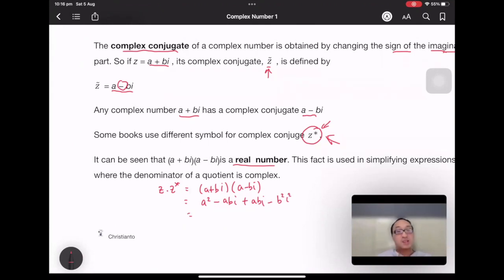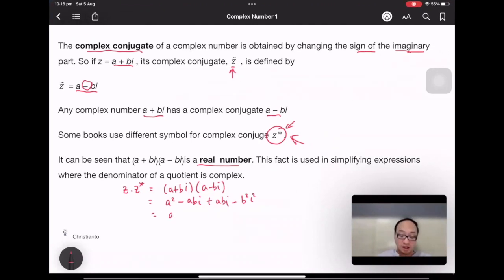Since i squared is -1, we can cancel the middle terms, and we have a squared plus b squared. So the multiplication of a complex number and its conjugate is a squared plus b squared, which is a real number.